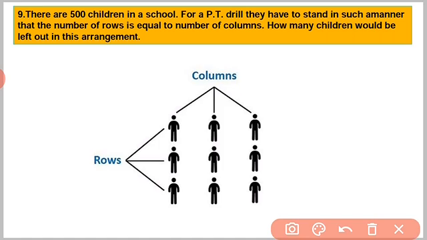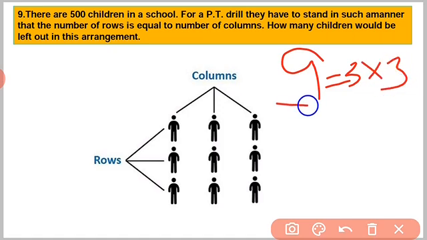Here there are 3 rows and 3 columns, and there are total 9 students. So in this arrangement, we know 9 is a square of 3, so we can write 9 is equal to 3 multiply 3.